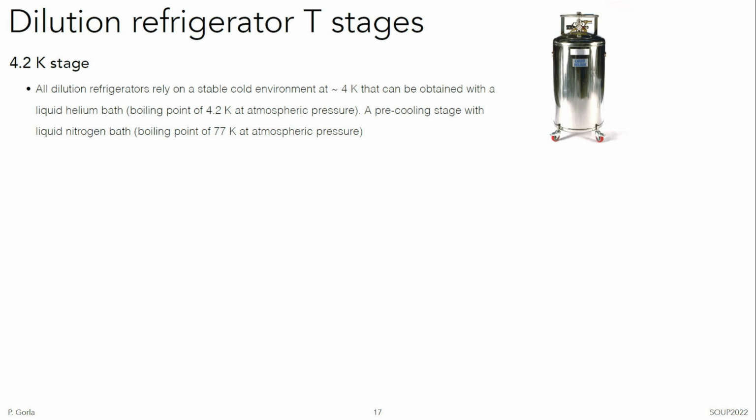Sometimes you need to keep your 4.2 Kelvin bath stable also with an external bath at 77 Kelvin, so a liquid nitrogen bath or a cold gaseous nitrogen jacket. But the disadvantage of this is that liquid helium evaporates over time. So you have to account for some downtime, that is the refill of the liquid helium bath.